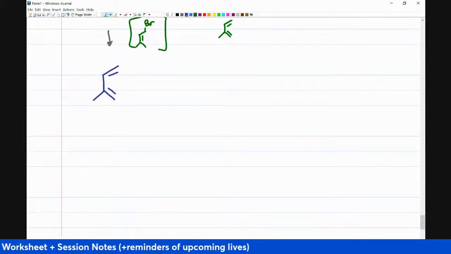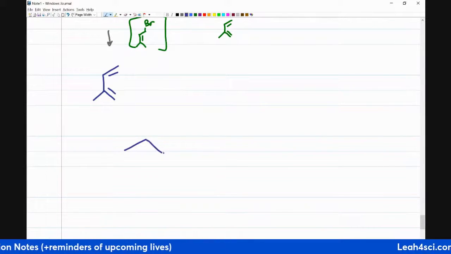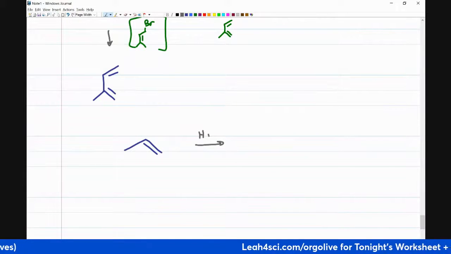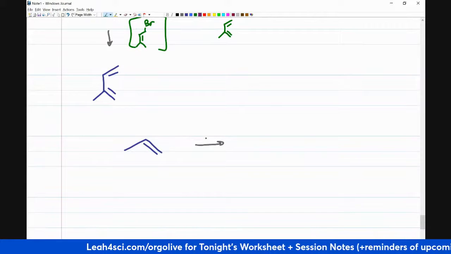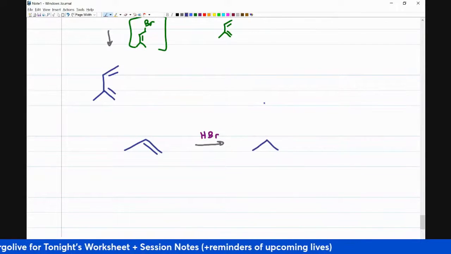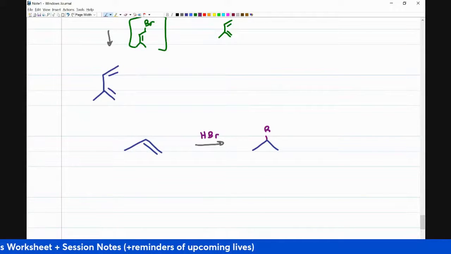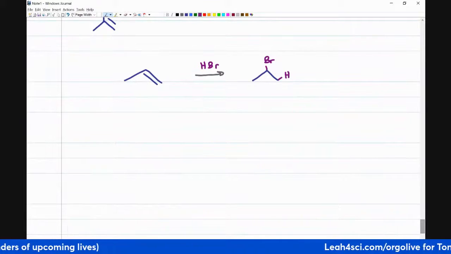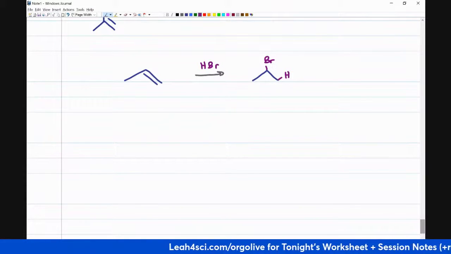So again, let me show it to you. The reaction that I just finished showing you, I had a pi bond. I reacted it with HBr. Why am I showing this in such a light color? I reacted it with HBr under radical conditions. The pi bond broke, bromine added here, and hydrogen added here. If I try to do this with Br2, it's not going to do much better.